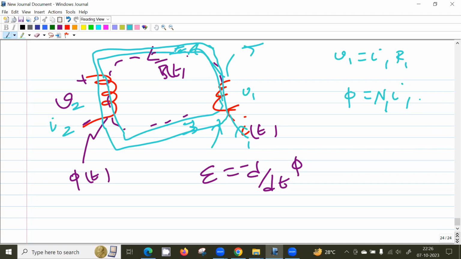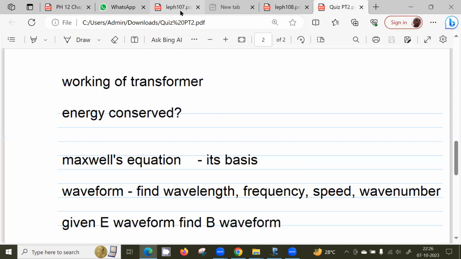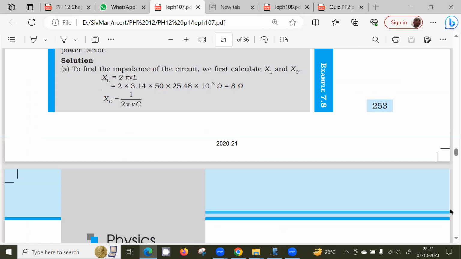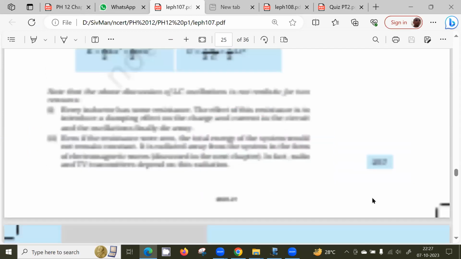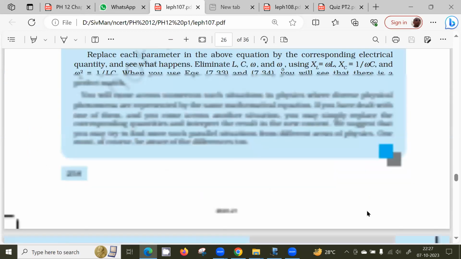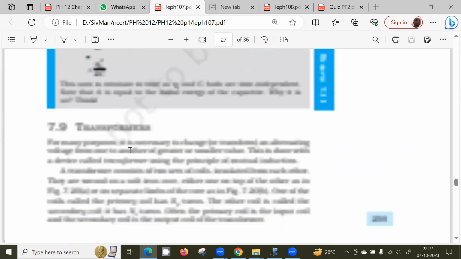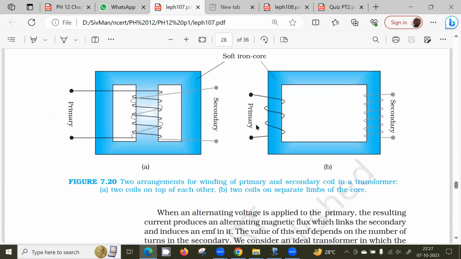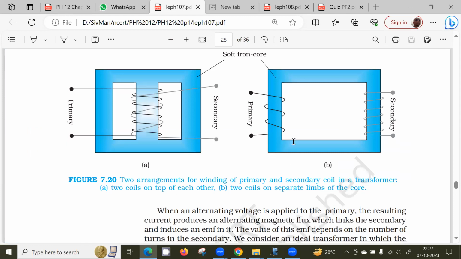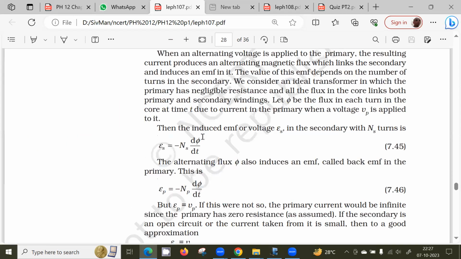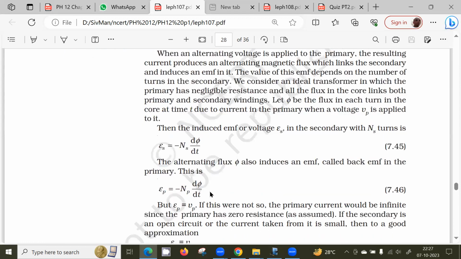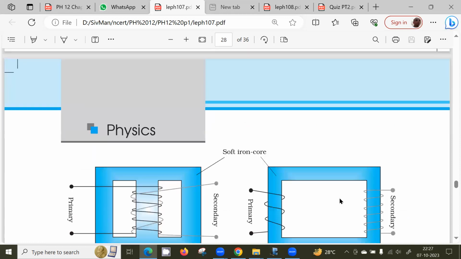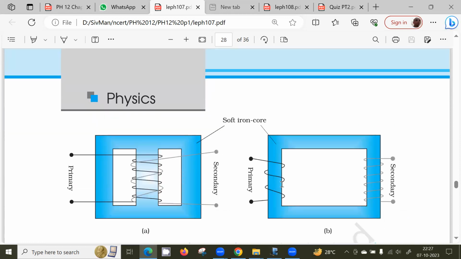This is a transformer. Here are two coils: one is the primary coil, another is the secondary. The EMF induced in the secondary is N dphi by dt, and in the primary it is N dphi by dt. There is a flux passing through this circuit, let the flux be phi.